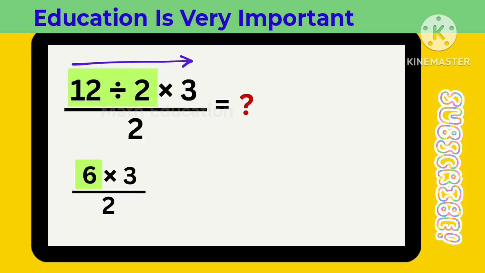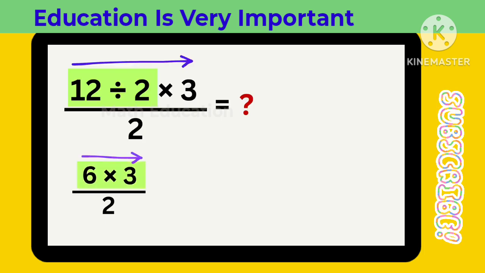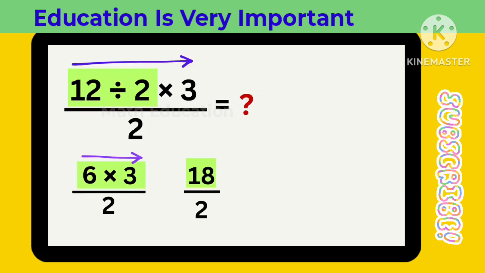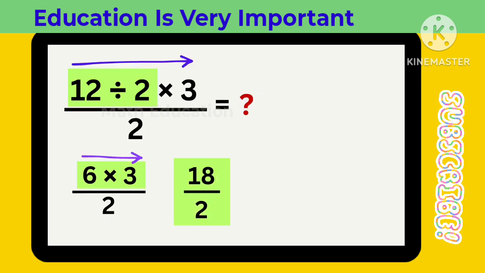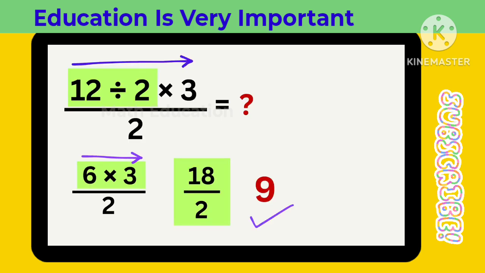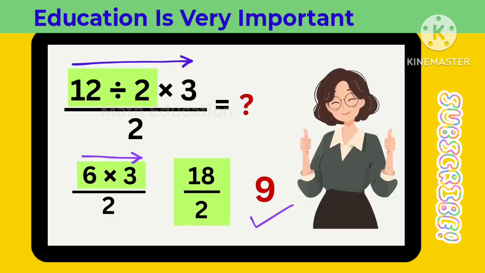So now our expression becomes 6 multiplied by 3 divided by 2. Next, still going from left to right, we do 6 multiplied by 3, which gives 18. Now we are left with 18 divided by 2. That equals 9. So the correct final answer is 9. That's it. Nothing fancy. Just following the correct order, left to right, and doing one step at a time.